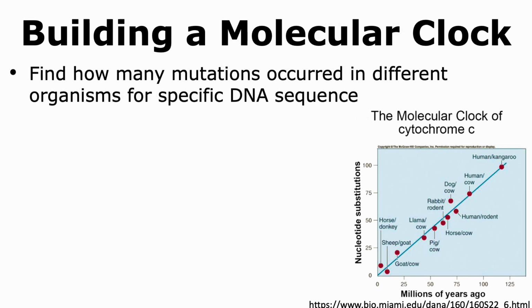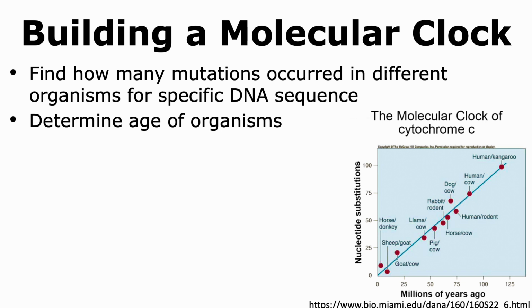The different steps involved in building a molecular clock include identifying an appropriate DNA sequence and then sequencing different organisms to determine how many mutations occurred in that specific DNA sequence. The next step would be to determine the age of these organisms, and this can usually be done through dating the fossil.